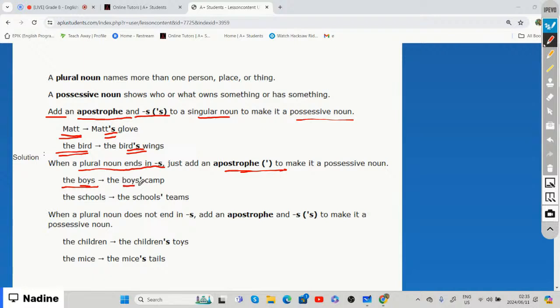So boys refers to more than one boy, and now we just add the apostrophe at the end of that word. If we make mention of the girls, which also refers to more than one, then we can say the girls' camp. We put our apostrophe at the end because we are referring to more than one person already.